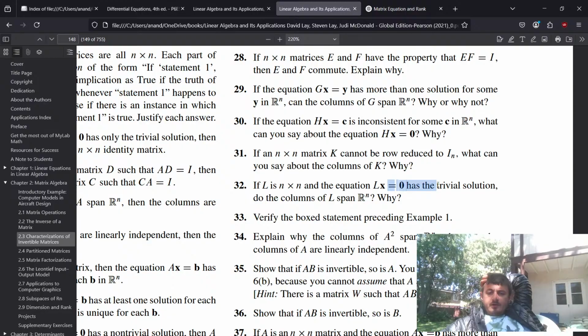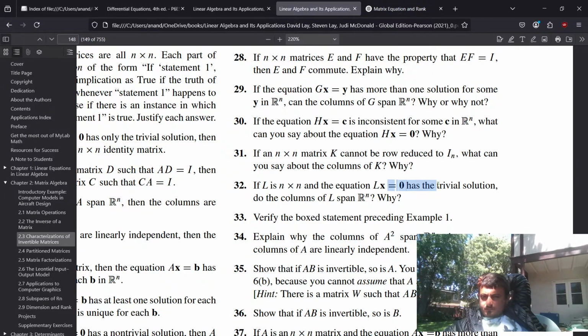So I'm thinking about a case where we have an n by n. No, no, you can't conclude that they span.